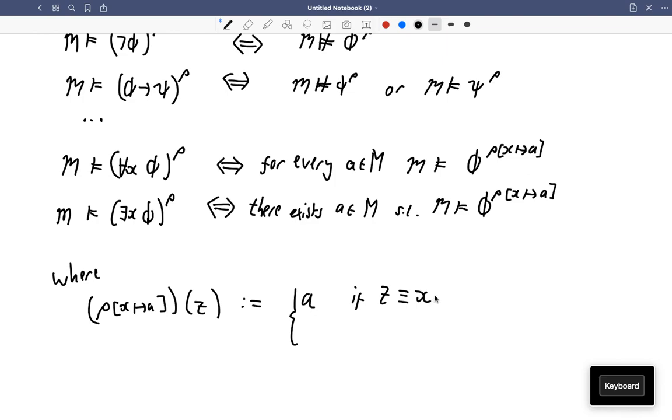This means if z is syntactically the same thing, is exactly the same variable as x, and otherwise we go to rho of z if z is not the variable x, so let's say not equivalent to, that is, this means if z is a literally different variable from x. So let me again just make sure that it's clear that that's the negation of the previous.